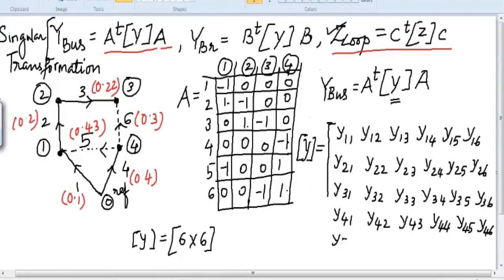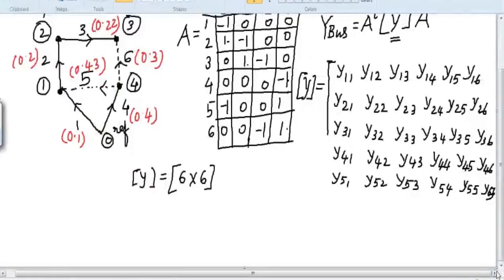Then y51, y52, y53, y54, y55, y56. And similarly the last row will be y61, y62, y63, y64, y65 and y66.